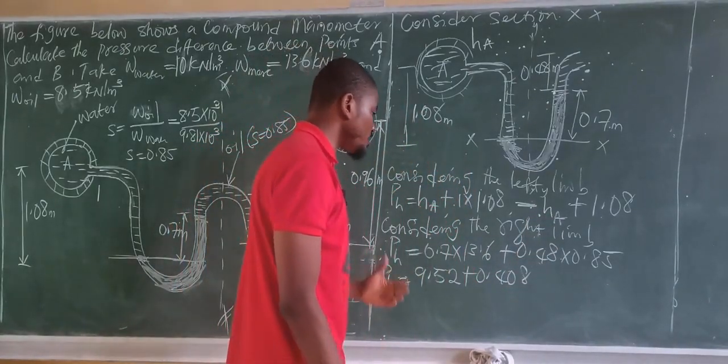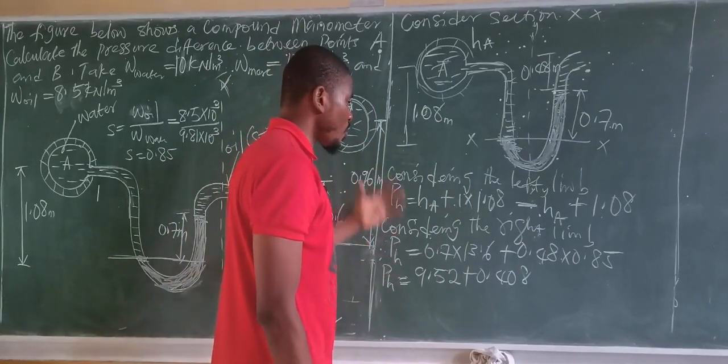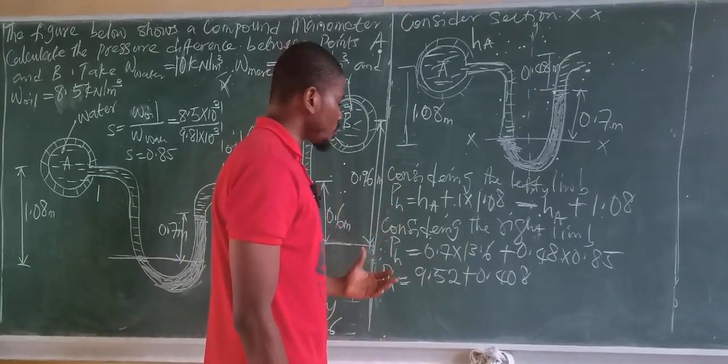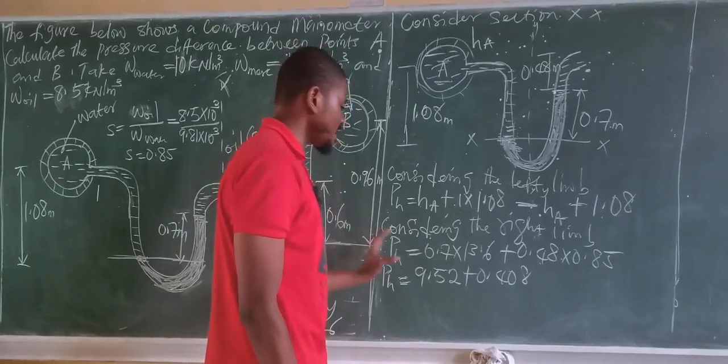Under equilibrium condition, I said the two pressure heads are equal. The pressure head at the left limb equals the pressure head at the right limb.